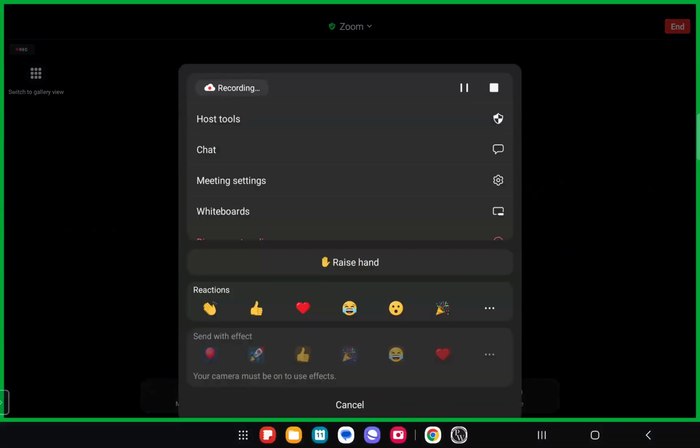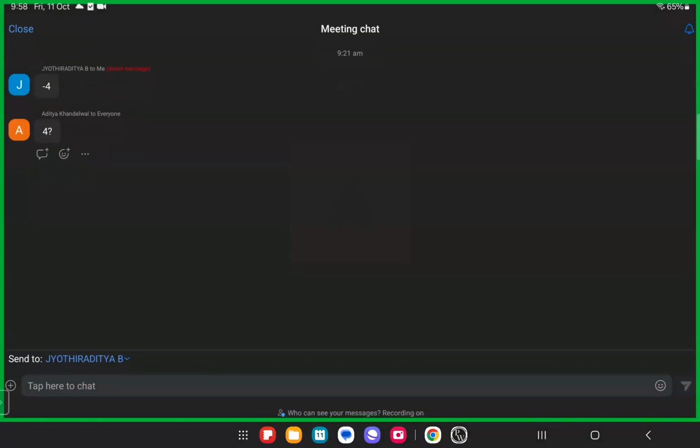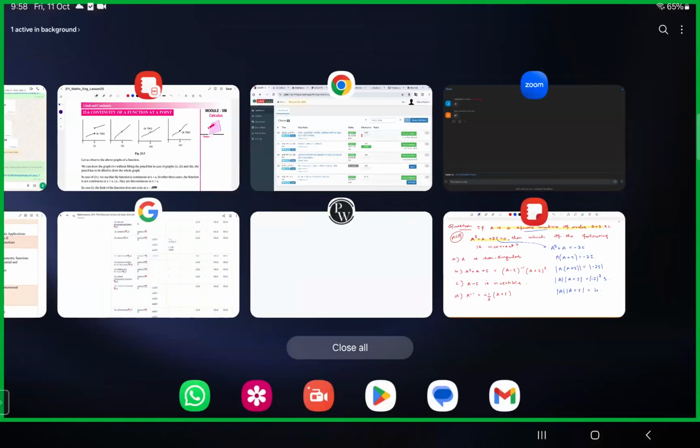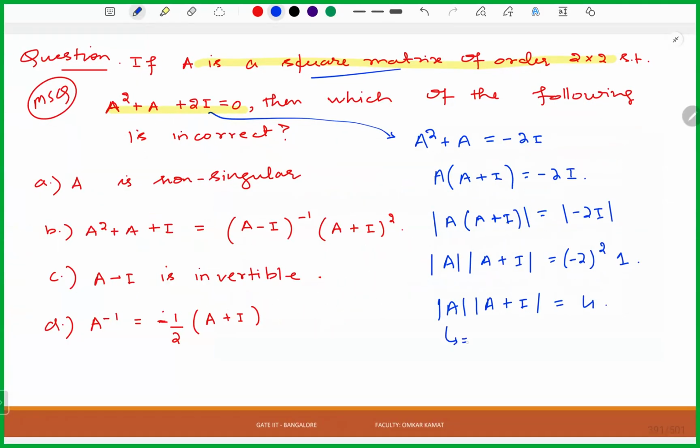Can we tell both are not equal to 0? Can we tell from here this is also not equal to 0 and this is also not equal to 0? Because we are getting it as equal to 4. If one of them is equal to 0, we will not get it. Correct or no? Yes, definitely we can tell. A into B, if it should not be equal to 0, then both of them should not be equal to 0. Yes, correct.